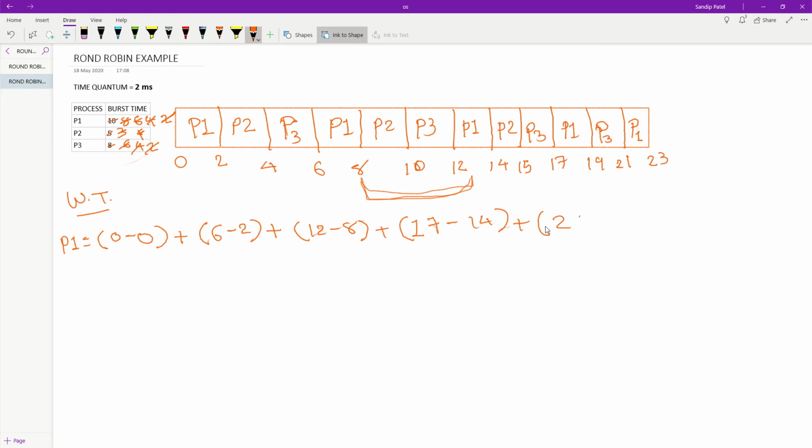So 21 minus 19. So it's a lengthy process to calculate the waiting time. Here the total waiting time for the process P1 is 13. You can see from this minus and plus. So that is the waiting time for the process P1.